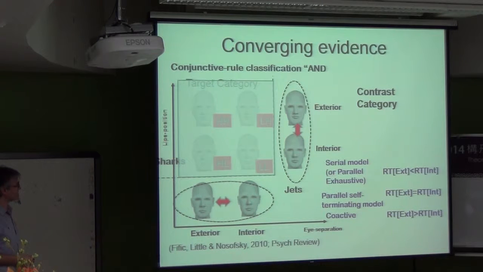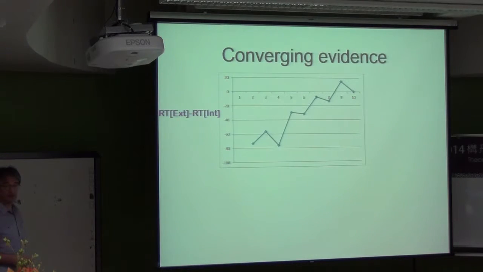What we're expecting to see in this particular case is that as they progress in learning, they should be coming from here to here, from this particular mode, because we saw parallel exhaustive here, to the coactive one. And if you look at the evidence, this is exactly what happens. We find the difference between external face minus internal face. On average, we see an increase in this difference, going to positivity, to the indicator of the holistic, the coactive signature.